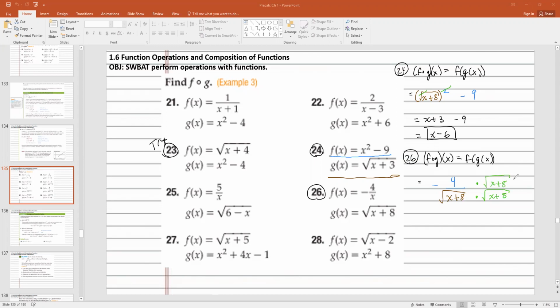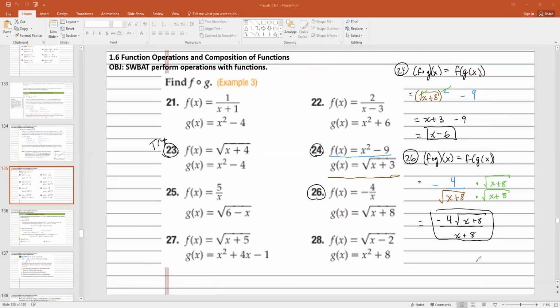But we can't just multiply the bottom. We also have to multiply the top to keep it equal. And then when you do that, you end up with, on the top, negative 4 times the square root of x plus 8. And on the denominator, we have x plus 8. And that's it.